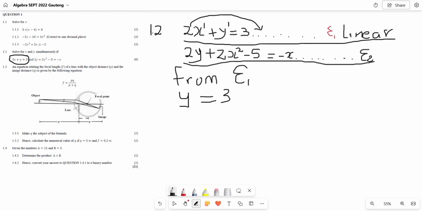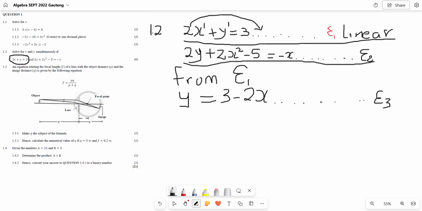Remember, I take 2x to the other side. On this side, it is positive. When you bring it to this side, you can't maintain the same positive 2x. The sign needs to change to be negative 2x. This now becomes our equation number 3.